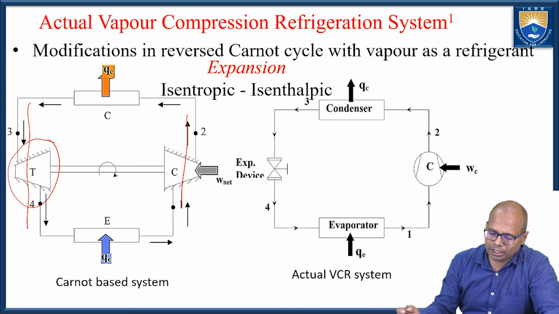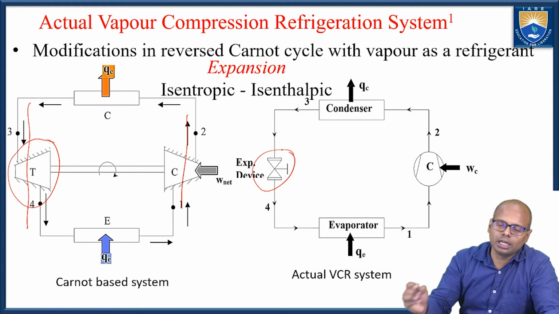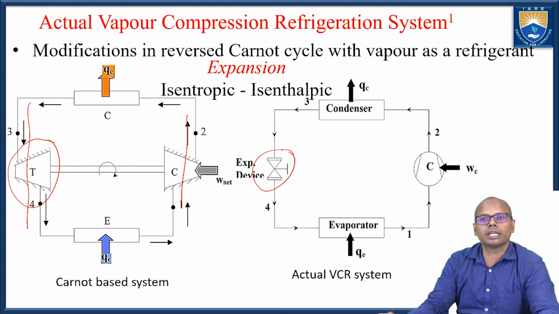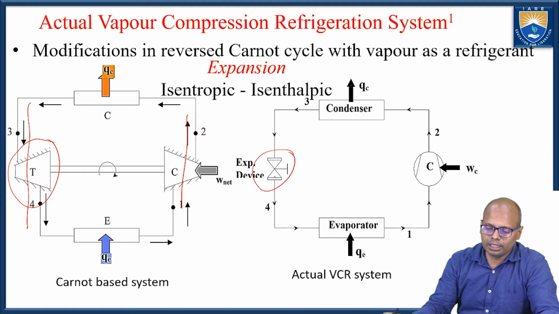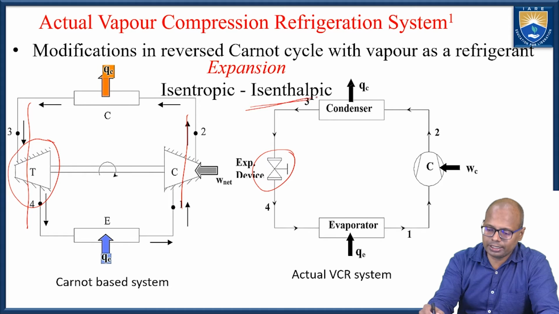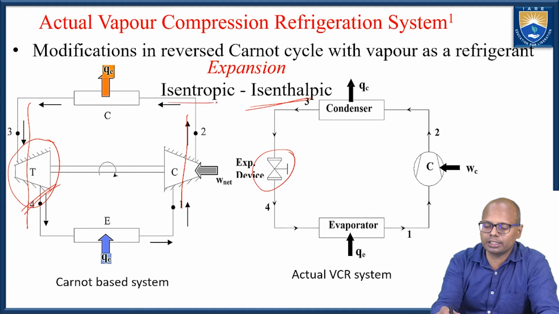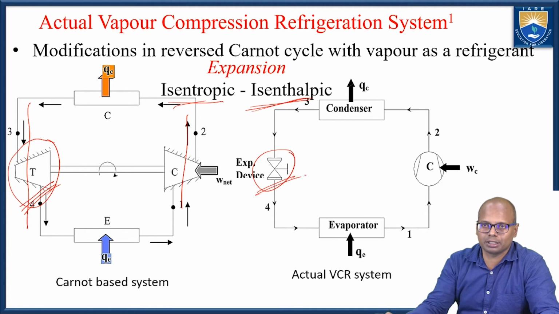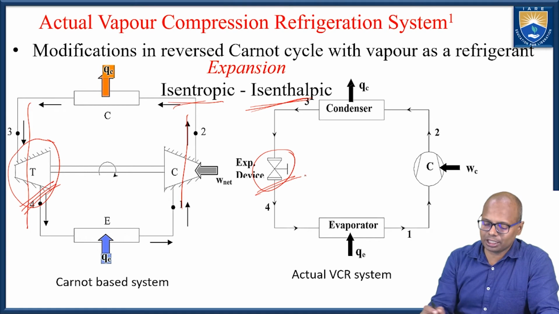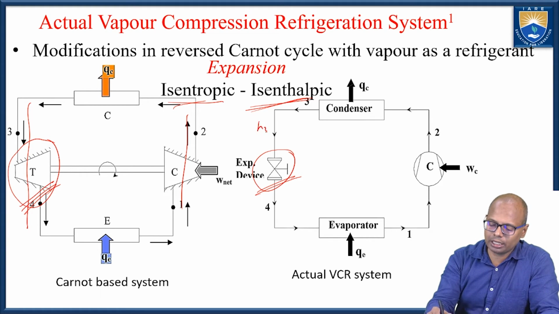So instead of that, I am going to use an expansion valve, and this expansion valve is working on an isenthalpic process. The turbine is an isentropic process. The isentropic expansion is replaced by isenthalpic expansion. So isenthalpic expansion means here H3 is there and here H4 is there.